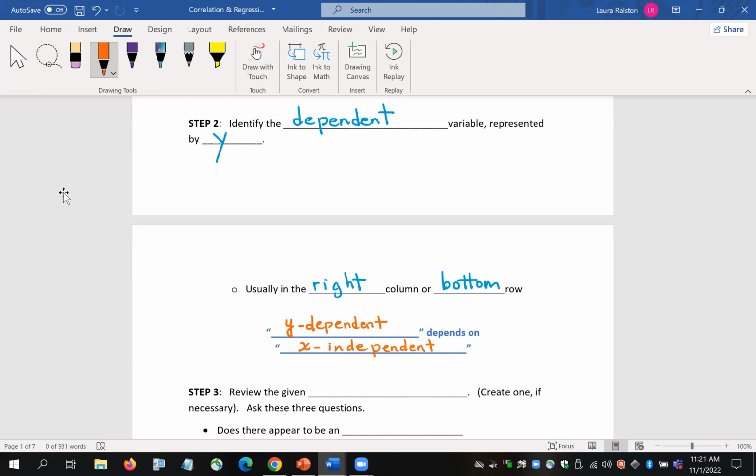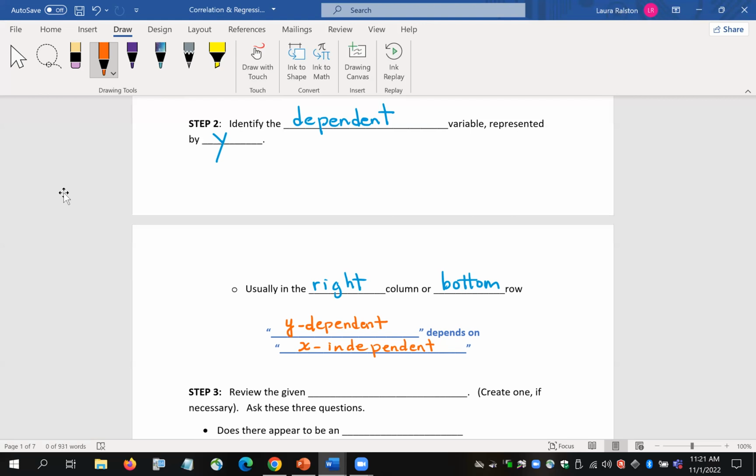So that little saying can kind of help you make sense of it. And again, if you try to reverse it, if we try to say advertising depends on sales, well, I can't really, I mean, advertising may affect sales, maybe not, we don't know. So again, think about it. Does the amount you study depend on the grade on the test?